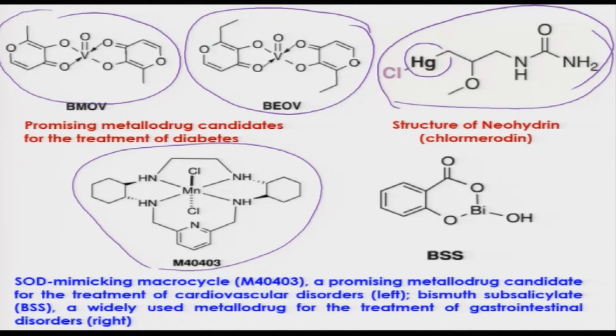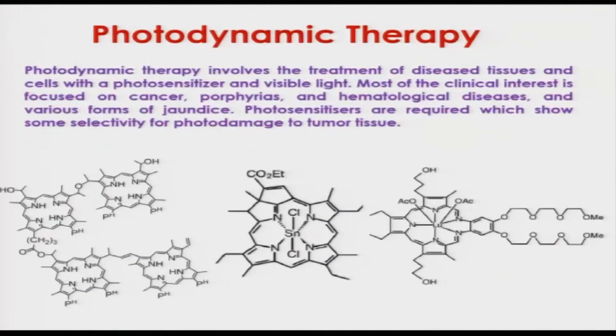And the bismuth complex is shown over here, which is a widely used metallo drug for the treatment of gastrointestinal disorders. Photodynamic therapy is another treatment for diseased tissues and cells with a photosensitizer and visible light.